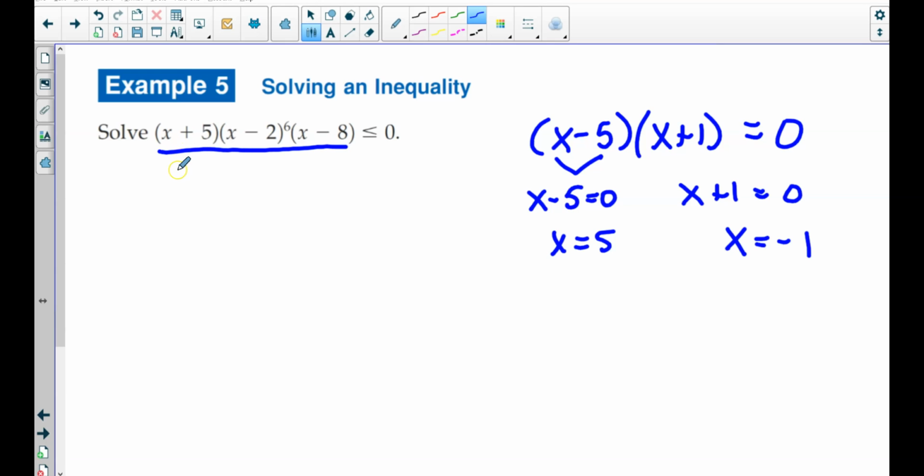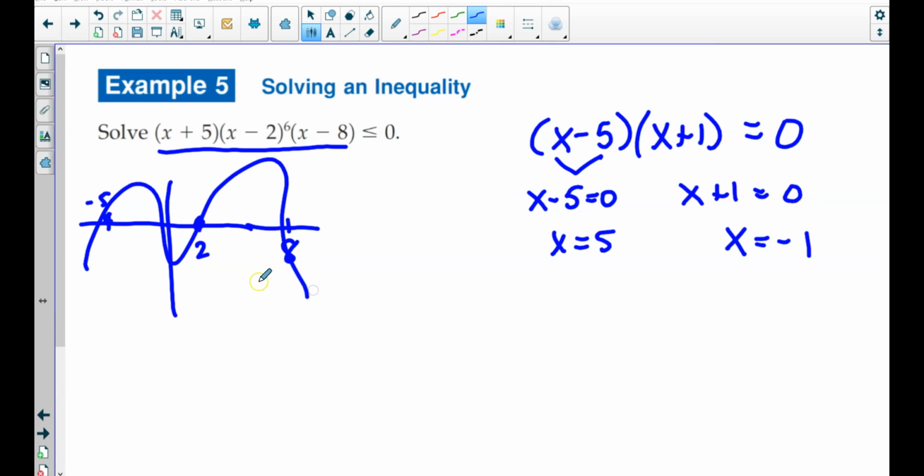You know that the roots, or the points where the graph crosses the x-axis, will be at negative 5 and positive 2 and positive 8. But what you don't know is what it looks like, whether it looks like this, whether it looks like this.